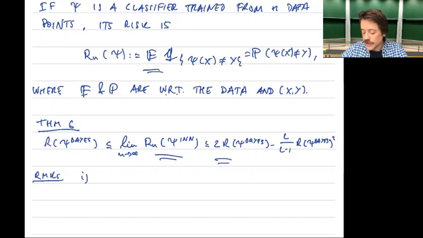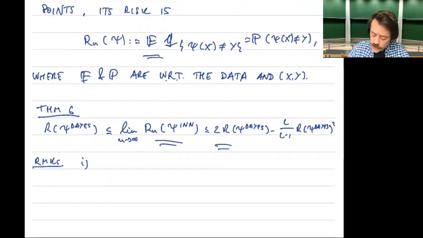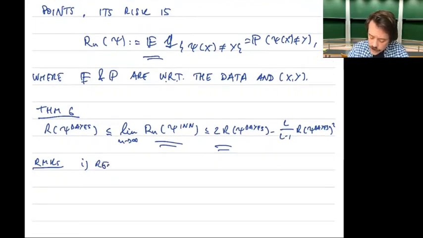Because what we're saying is that at least half of the information to classify data points is contained in actually the nearest neighbor. Okay, so this is reassuring. But there's a big but here: misleading.